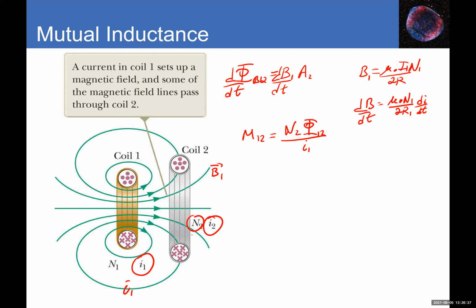So that's why it's mutual inductance. Coil one first induces EMF and current in coil two, and as coil two starts generating its own magnetic field that goes through coil one, it generates induced EMF and current in coil one.